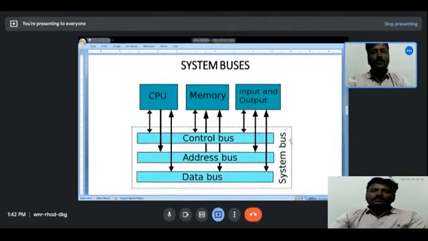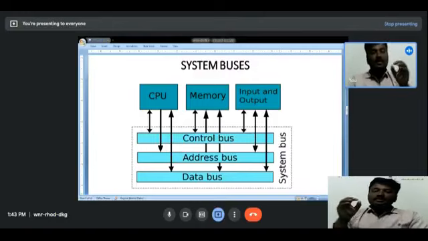this is the basic architecture of the system bus. In this architecture, you can see three different types of buses: control bus, address bus, and data bus. These three buses communicate with the CPU, memory, and input and output devices, for example, peripheral devices.